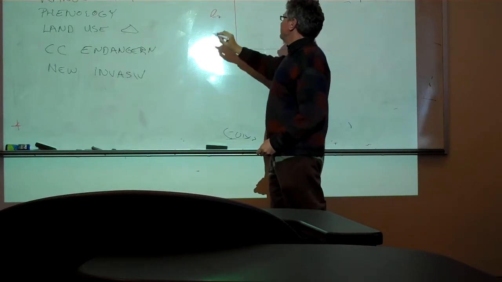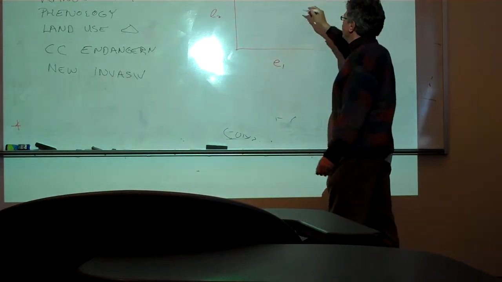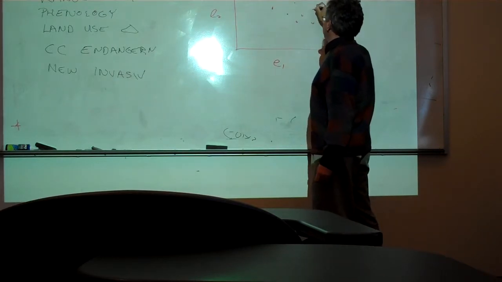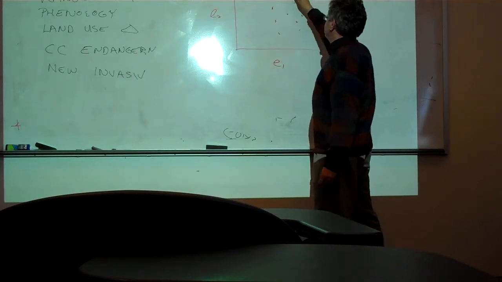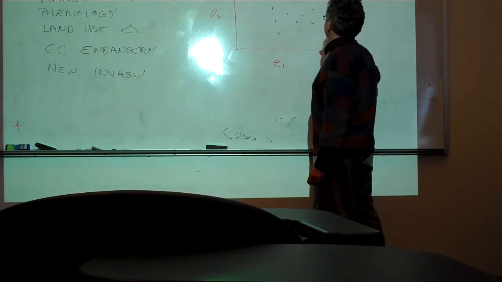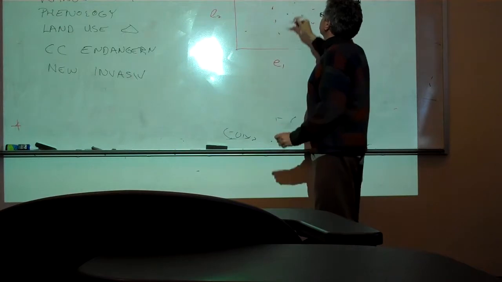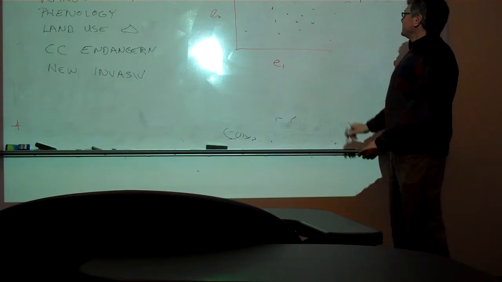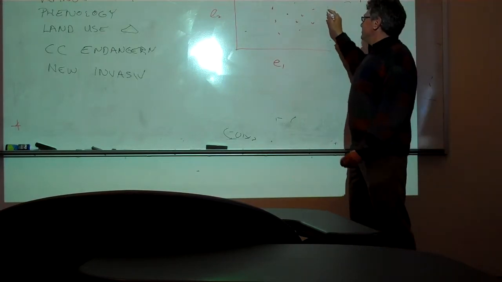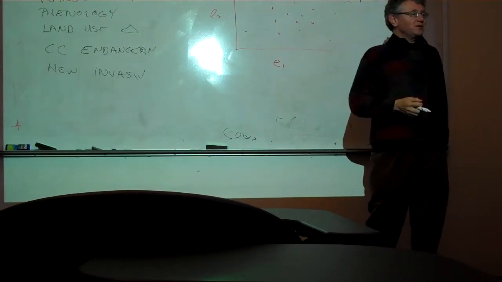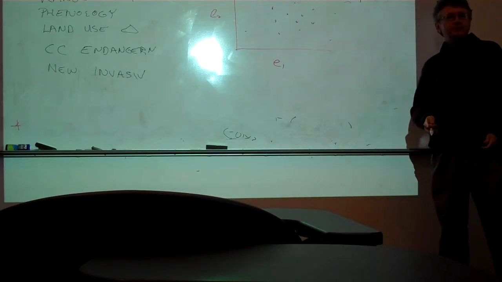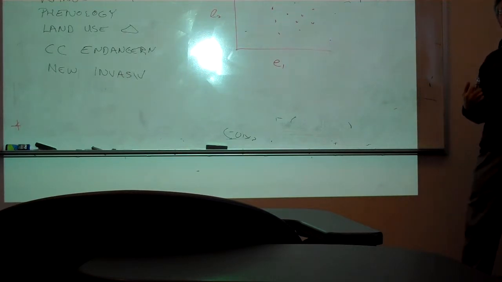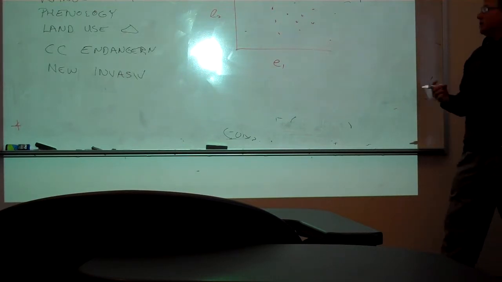So if we have our two environment variables, and we have our observations of the species locations, they span a distribution in this space. One of the simplest ways is the BIOCLIM model, often called the climate envelope model.